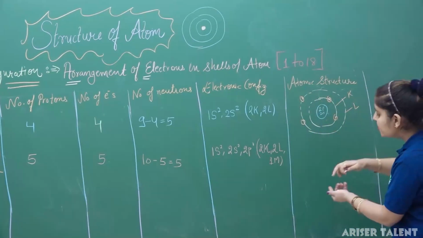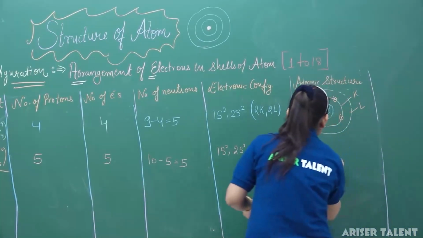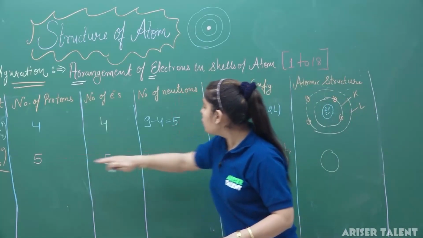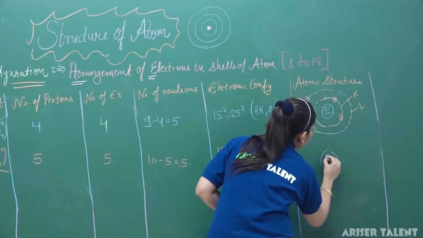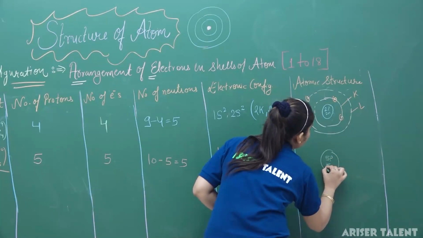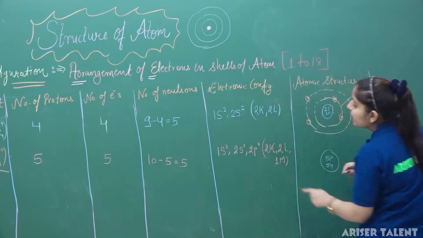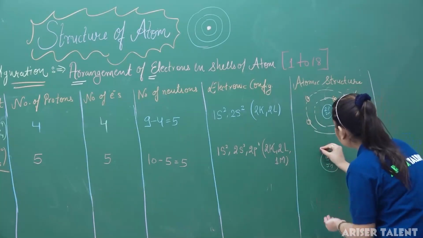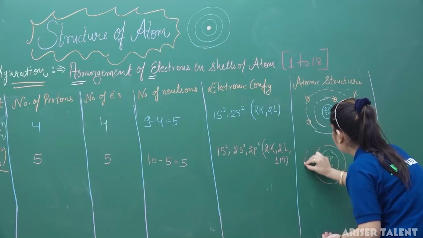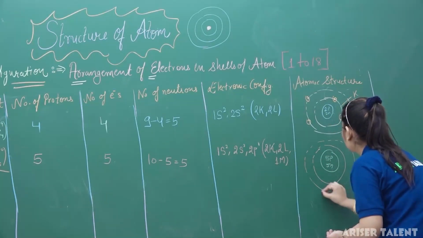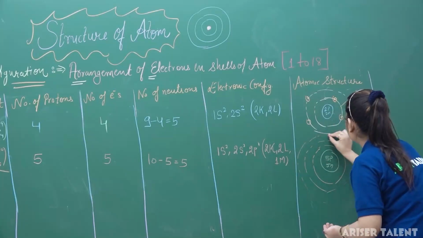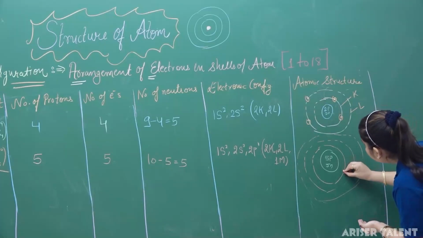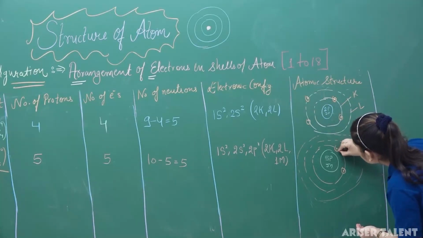We will draw the atomic structure of that diagram. Firstly, we have the nucleus here. In the nucleus, we have 5 protons and 5 neutrons. So we can write it as 5p, 5n. Now its electronic configuration is 1s2, 2s2 and 2p1. So in K shell we have 2 electrons.